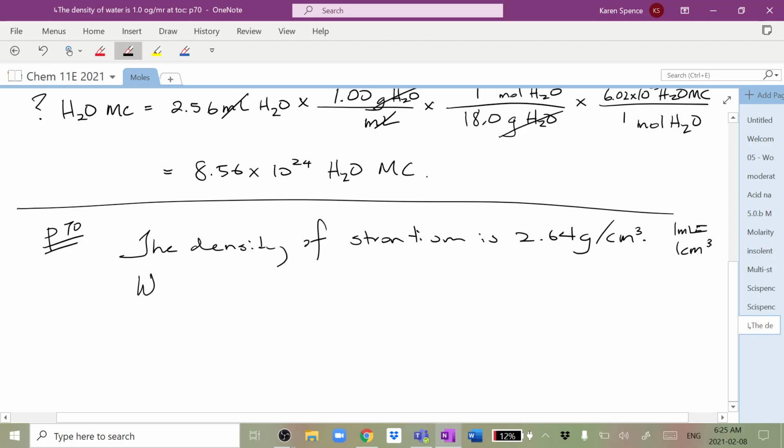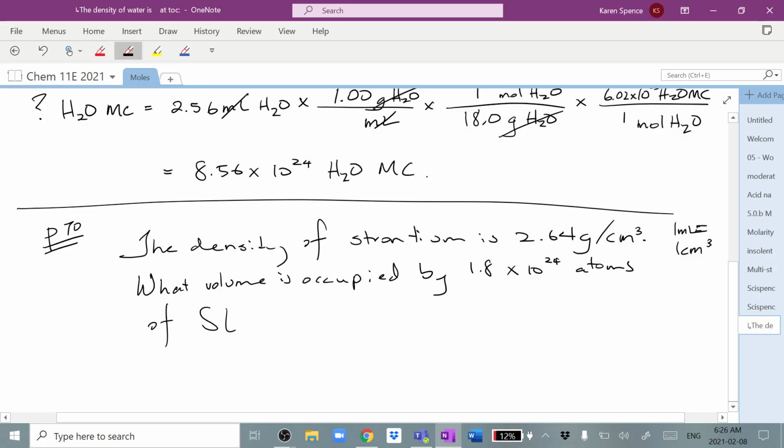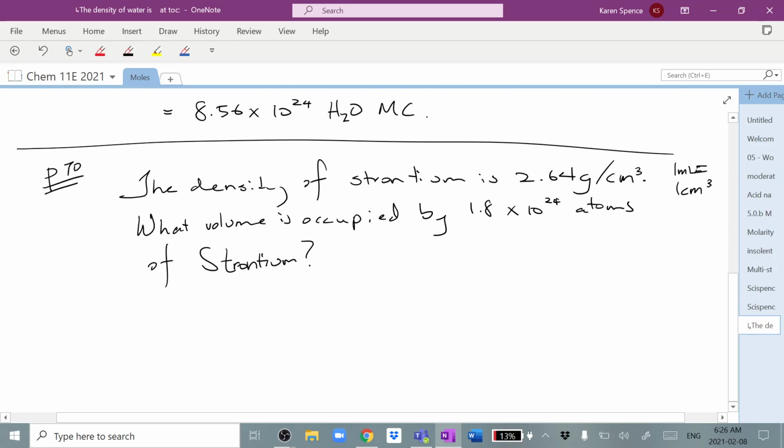What volume is occupied by 1.8 times 10 to the 24 atoms of strontium? All right, and so at this point we now have to say, well, our unknown is the volume, and let's give it in centimeters cubed because that's the volume unit we have, so we don't know how many centimeters cubed.